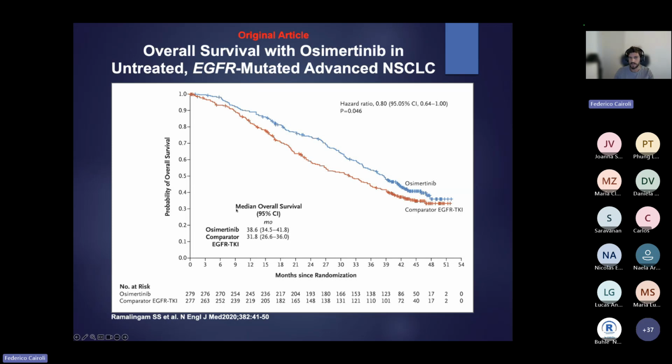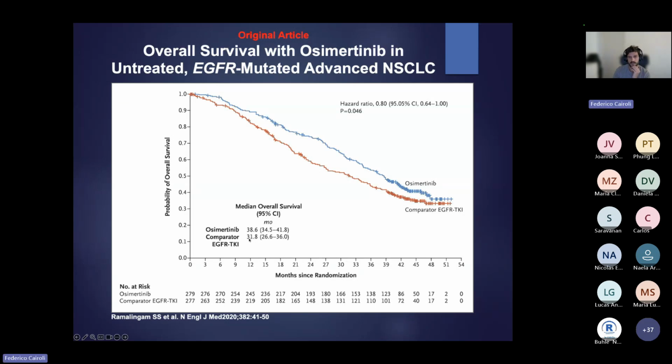Another measure of importance here is the median overall survival. This is the specific time at which we find that 50% of our cohort is still alive. So if we would like to estimate the median overall survival for the comparator, we have to check approximately here, it is 31.8.